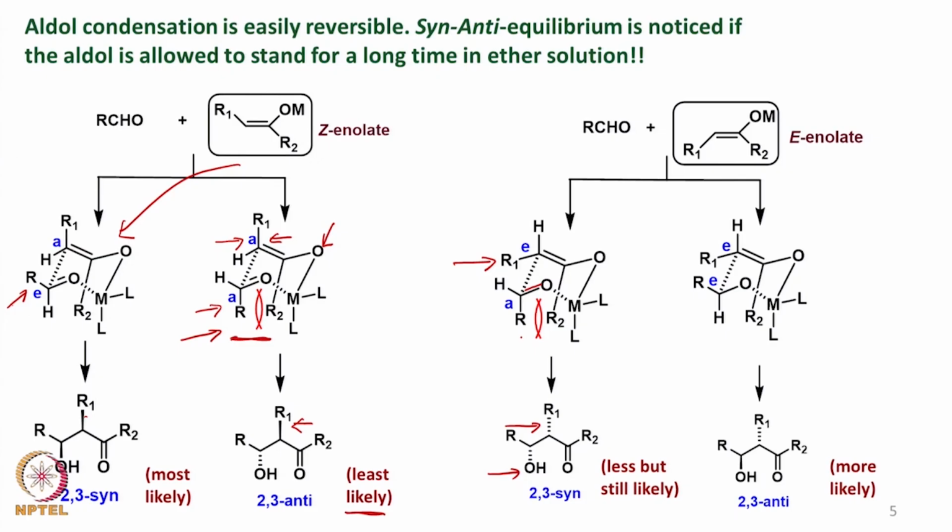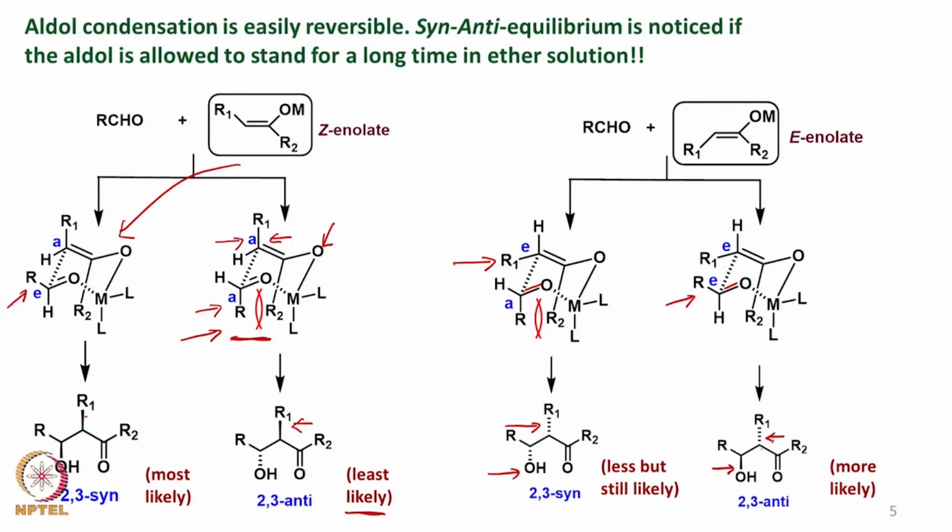And when we convert the other orientations where the RCHO group is such that the R group is equatorially oriented, now we have R as well as R1 group, both equatorially oriented, and then if you look at the product that is formed in this case, if R group is already in the same direction as up and this particular part is also here, therefore as such you can see that the OH is pointing upward and the R1 group is pointing downward, and therefore they are also anti to each other.